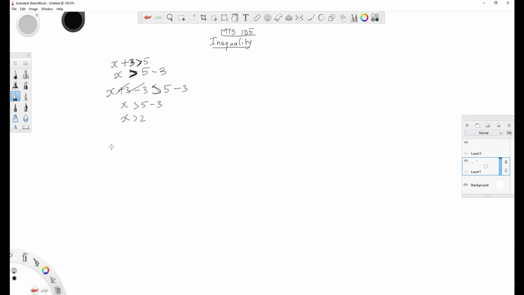And you can then draw it on a timeline. So that's just inequalities. But like I said, you won't get stuff like this in the exam.